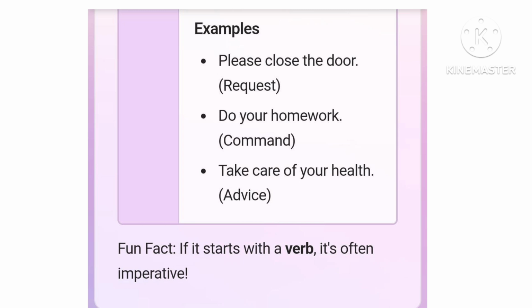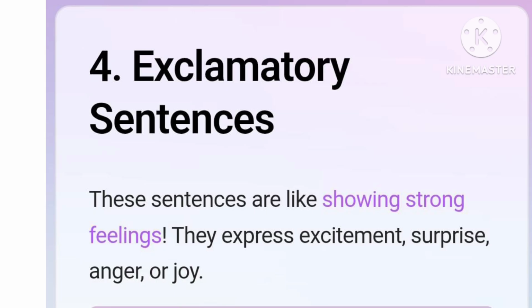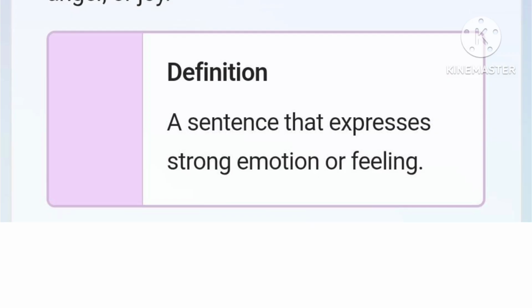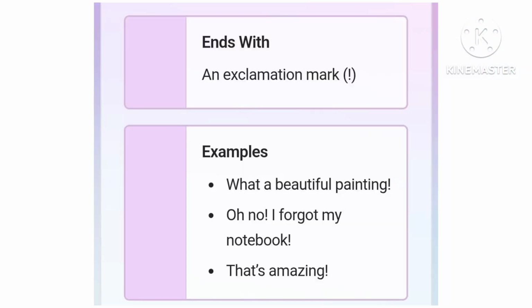Now the fourth one, exclamatory sentence. These sentences are like showing strong feelings. They express excitement, surprise, anger, or joy. So the definition is: a sentence that expresses strong emotion or feeling is called an exclamatory sentence, and it ends with an exclamation mark.